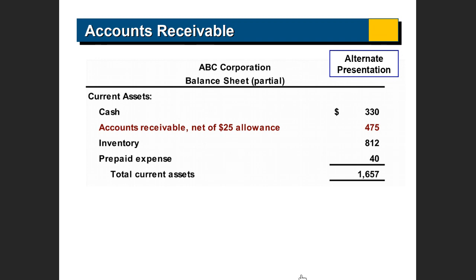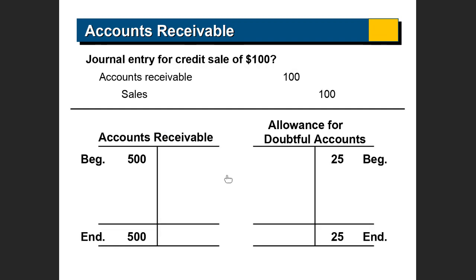Okay. Now we go to the next step. The company makes a sale for $100. So the entry to record that would be debit to accounts receivable and credit to sales.